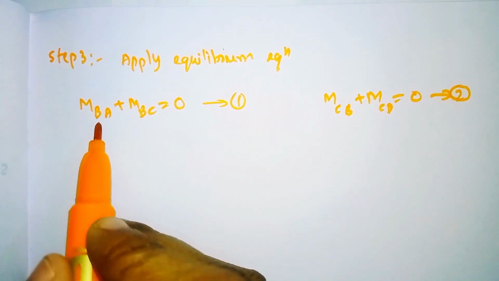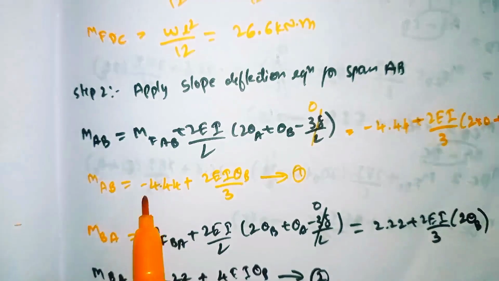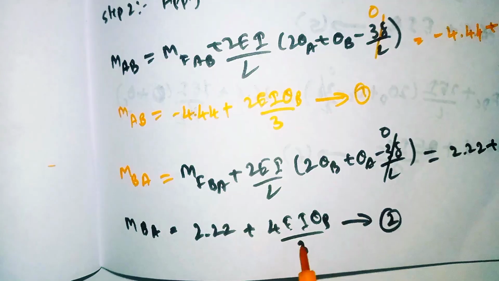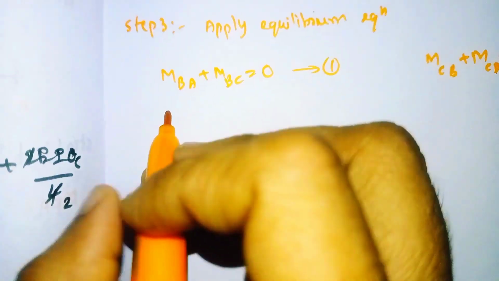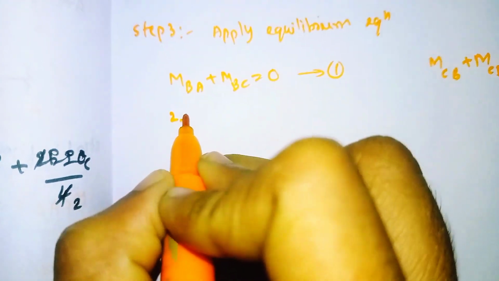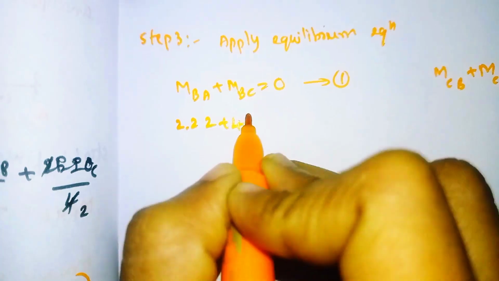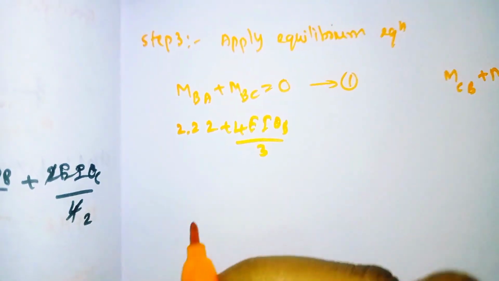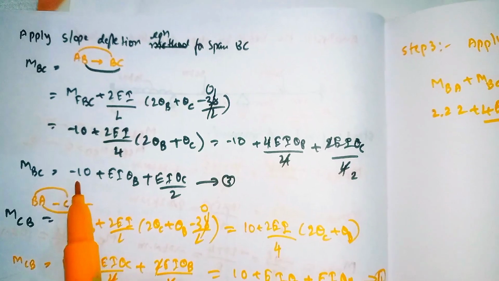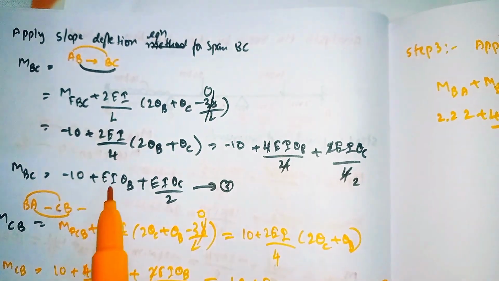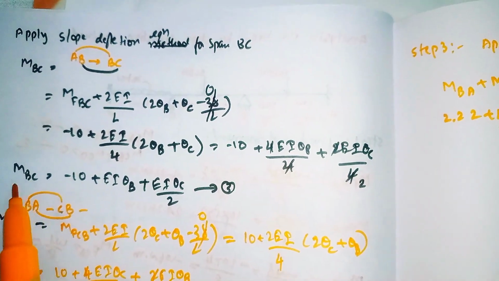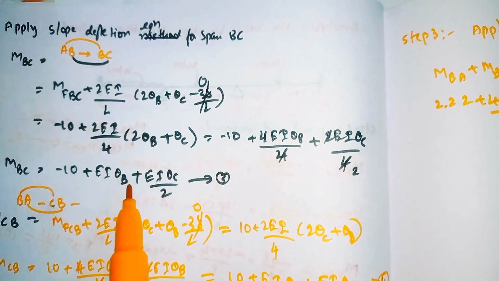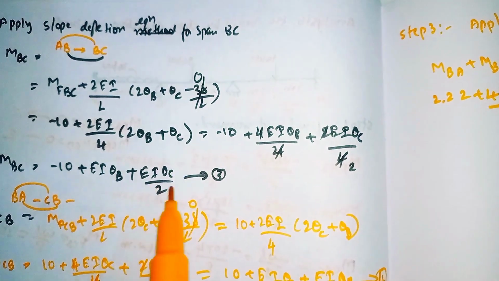The MBA value we got was 2.22 plus 4EI theta B divided by 3. Substitute this value. 2.22 plus 4EI theta B divided by 3, and the MBC value we got was minus 10 plus EI theta B plus EI theta C divided by 2.